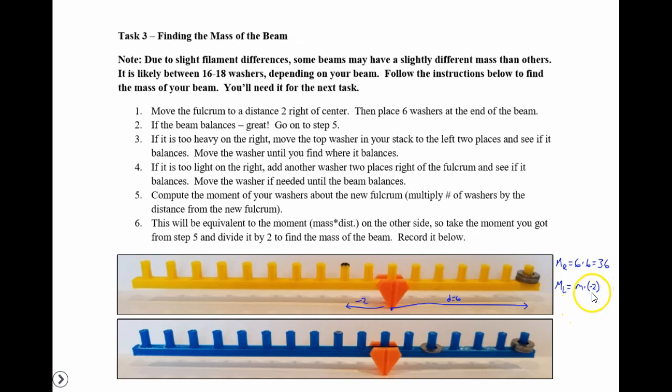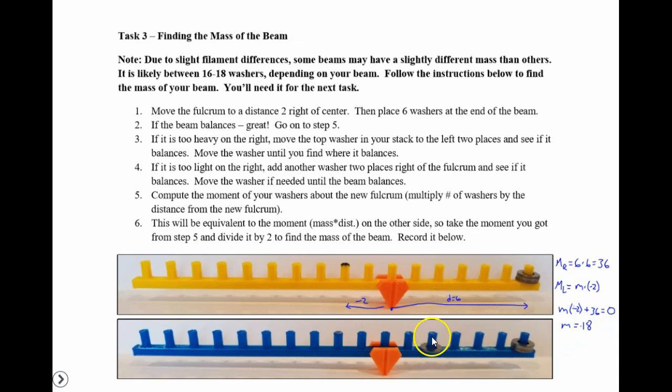So we would get this mass times -2, and actually we can say plus 36 instead of writing that out again. Those should add up to 0. So move the 36 over, divide by -2, and I should get 18 as the mass of this beam.